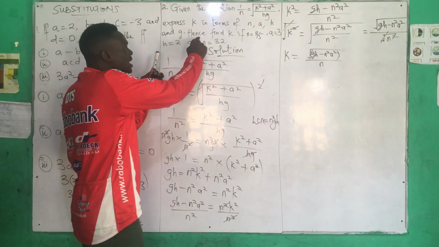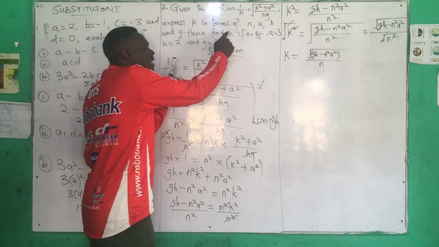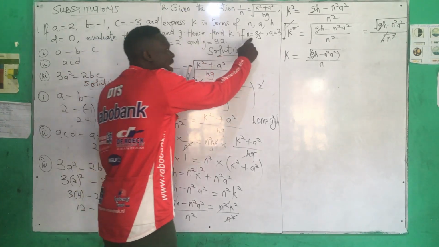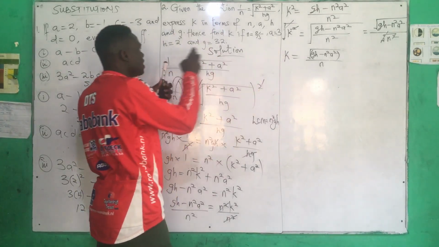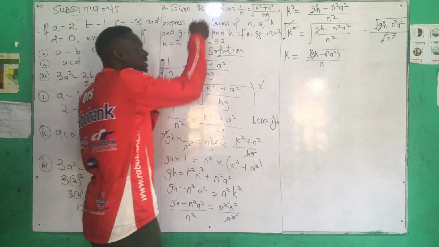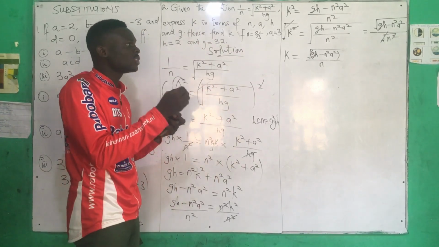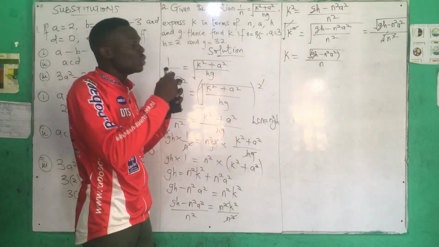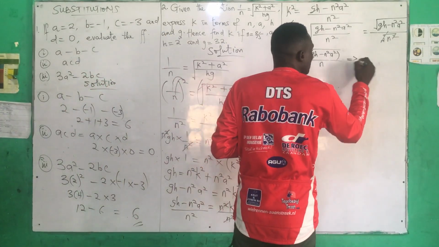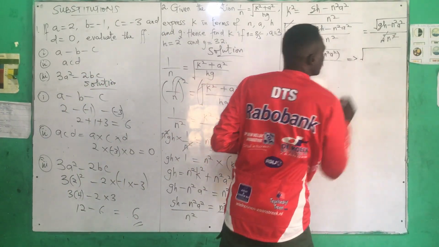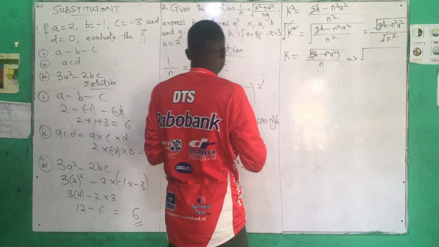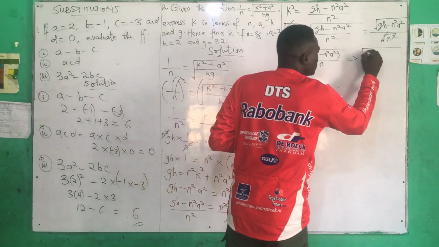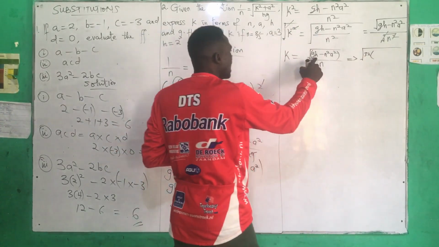Now the question says, hence find k, if n has been given, a has been given, h has been given, and g has been given. So this is where the substitution comes in. So you now have the square root of g. What is g? 32. So 32 times h.